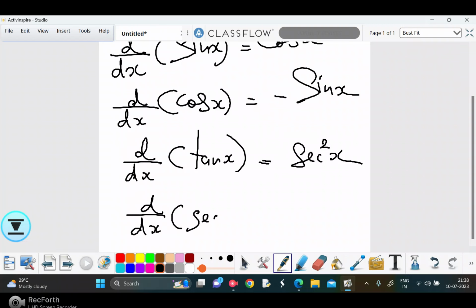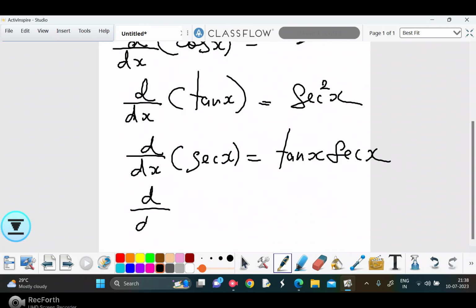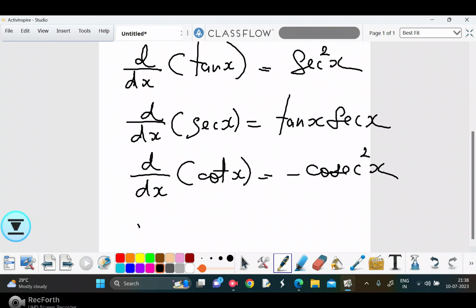Differentiation of secant x is equal to tan x secant x. Differentiation of cot x is equal to minus cosecant square x.